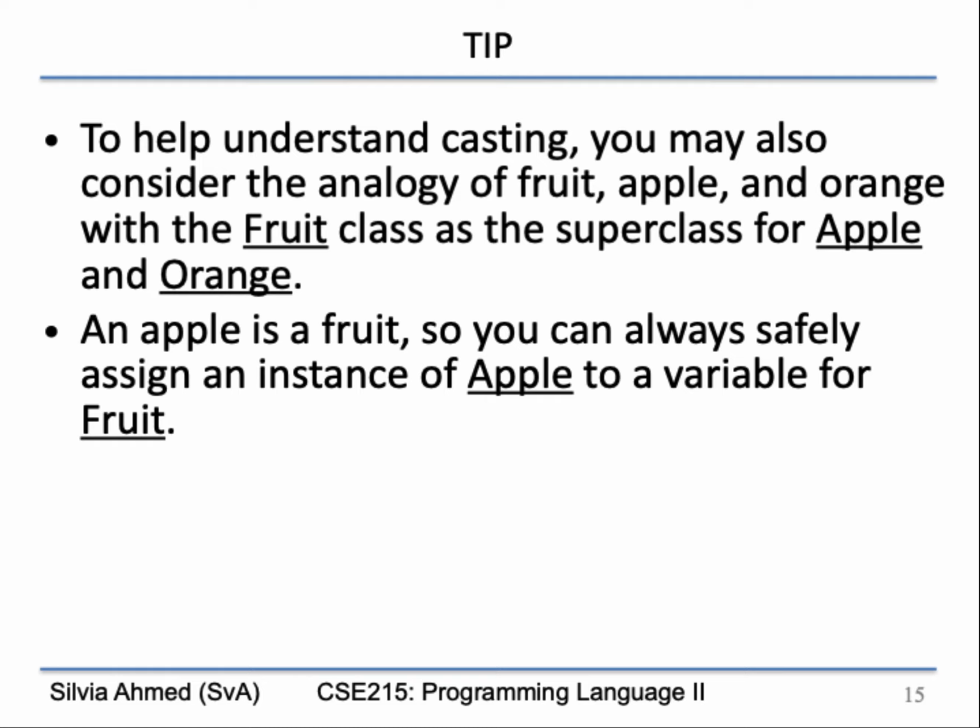If it's not an apple and you are still giving it to me, then that will be an error. That's why before casting into some type, we should always check whether the actual type and the type we want to cast to match.